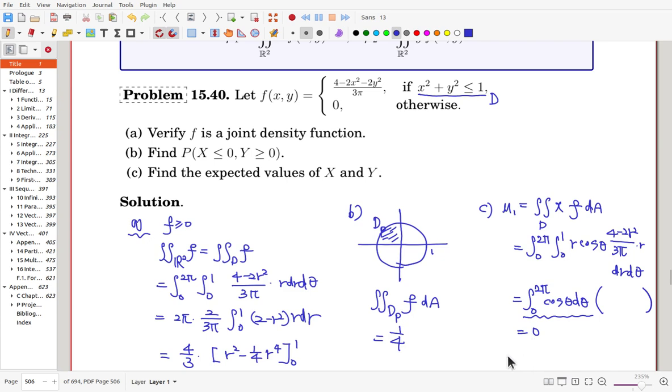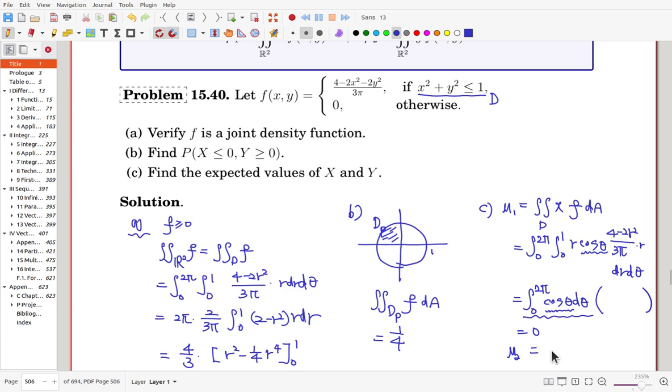How about mu2? For mu2, rather than x, we have to use y. Y will be r sine theta in polar coordinates. So rather than cosine theta, we are using sine theta. Again, this is separable, and once we try to get this integral with the sine theta, then again it's 0.